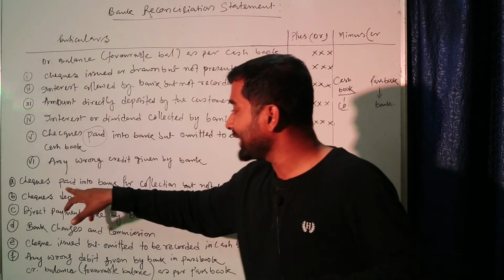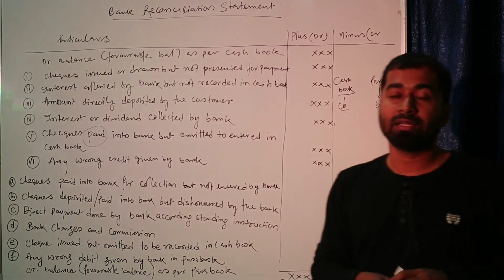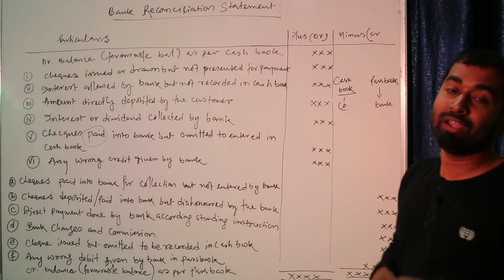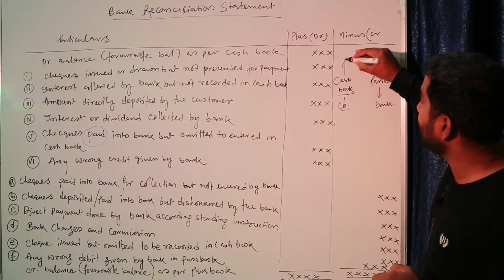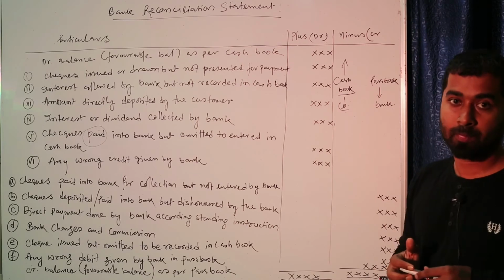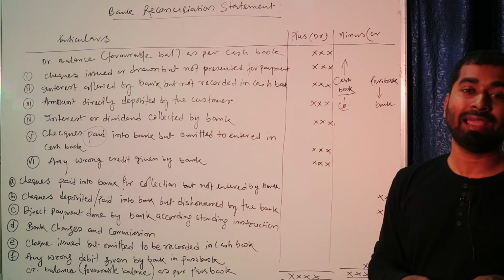What is the thing? Cheque paid into bank for collection but not entered by the bank. You have deposited the cheque into the bank. When you have deposited it, you think that the amount is already added by the bank, so you increase the cash. But the bank has still not done it. You found that the bank has still not added it.